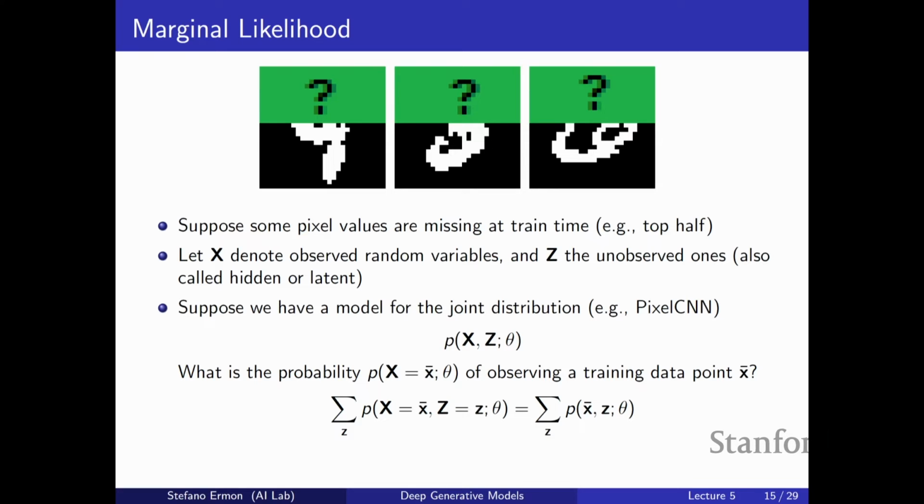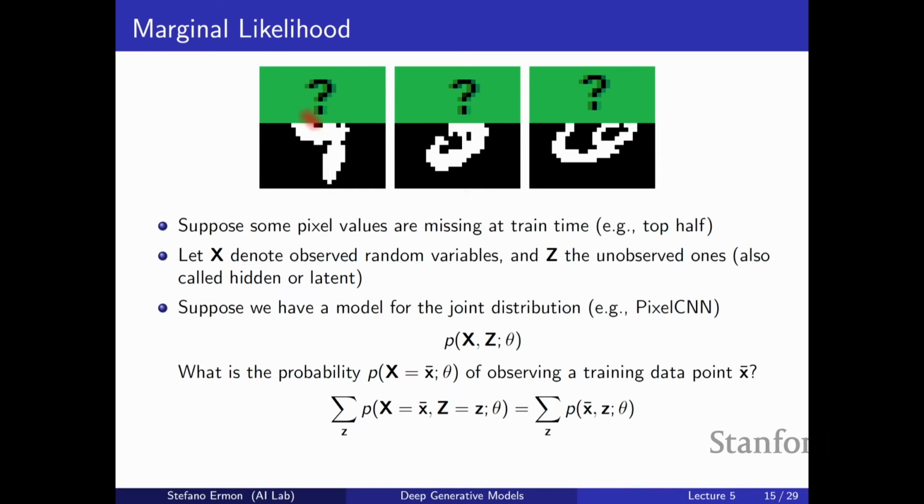And even though the joint is easy to evaluate, because maybe it's just a product of conditionals, or in the VAE case, the product of two Gaussians, you have this mixture behavior. Just like in the mixture of Gaussians, when you want to evaluate the probability over just the x part, you have to sum out over all possible values of the unobserved variables.